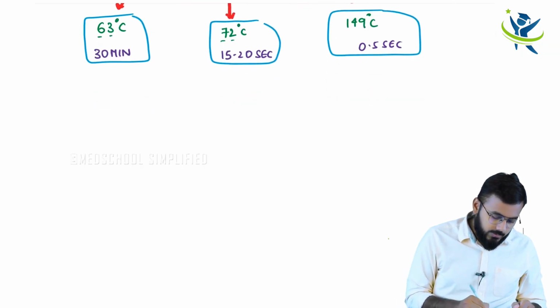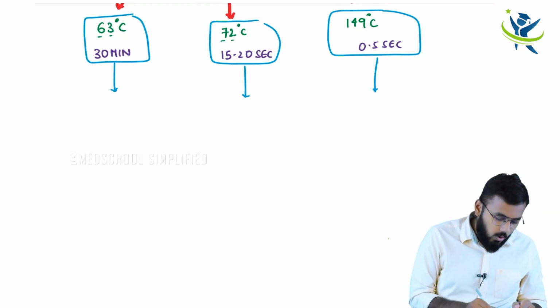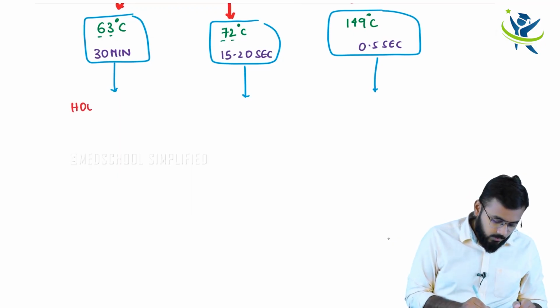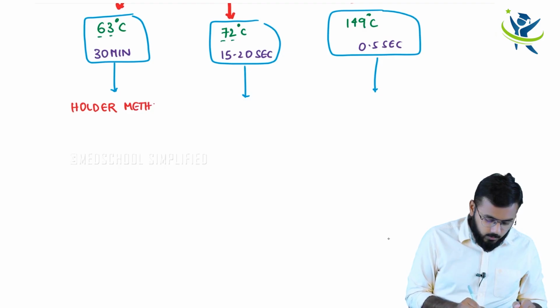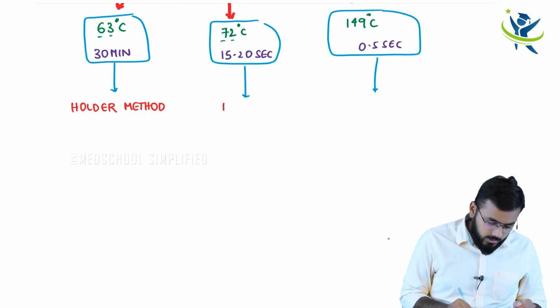The first method you call the holder method of pasteurization of milk. The next method is called the flash method.